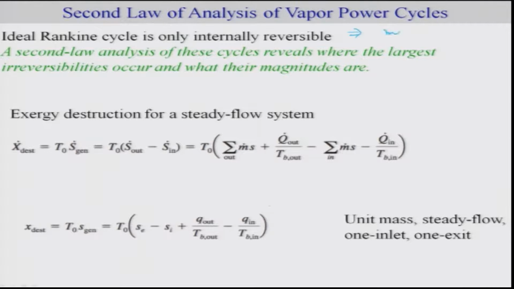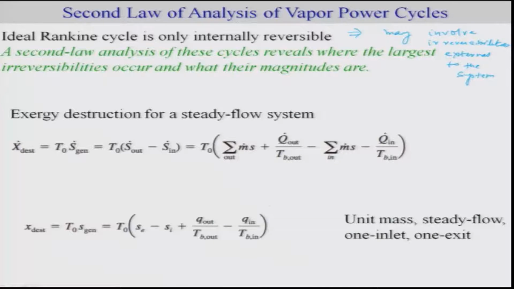So, this may involve irreversibilities external to the system, okay, and thus it will be very useful to make use of second law of thermodynamics analysis in order to find the largest irreversibility of the system. So, this is why we may like to use the fundamental understanding of exergy.